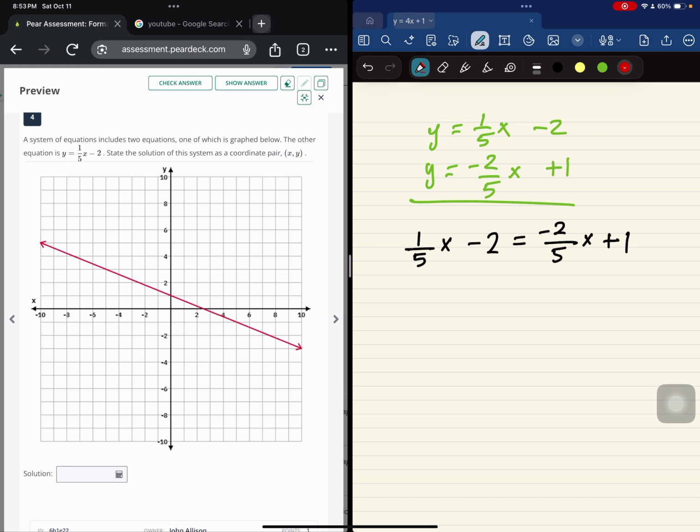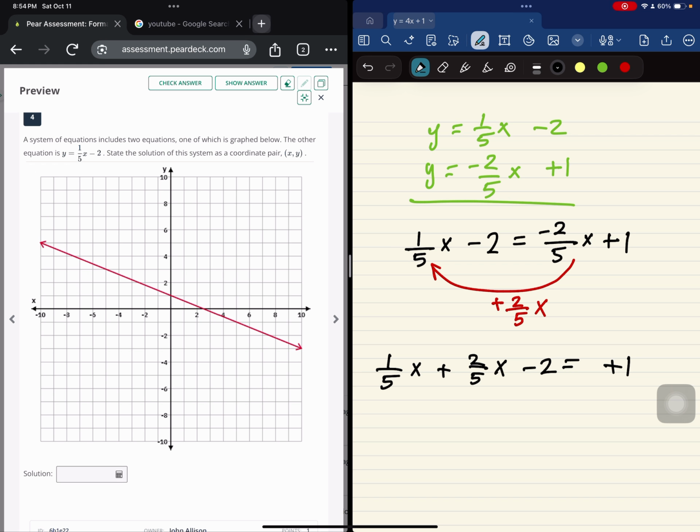We can move the -2/5 x from side 2 to side 1 by adding the opposite, 2/5 x. We get 1/5 x plus 2/5 x minus 2 equals 1.